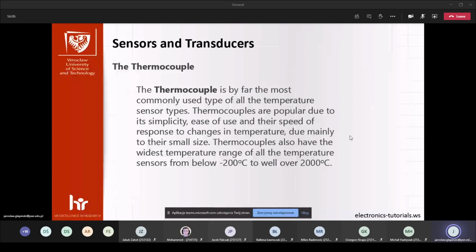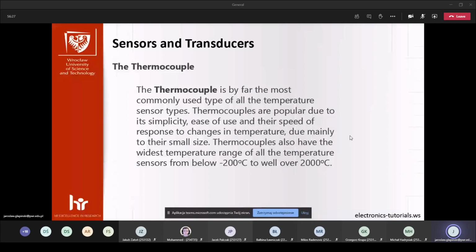Why? Because the thermocouple is very simple. It uses just two elements, and it has a very fast response to changes in temperature due to its minimal size.